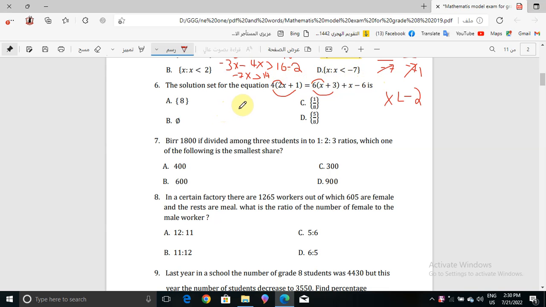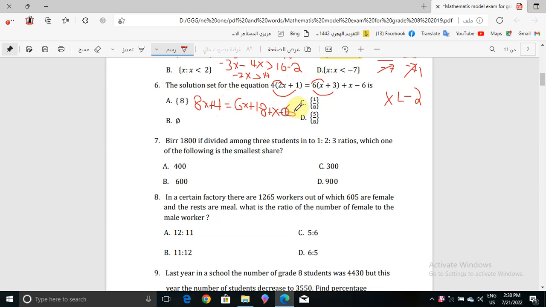So 8x after multiplying, plus 4 is equal to 6 times x plus 6 times 3 which is 18, plus x minus 6.